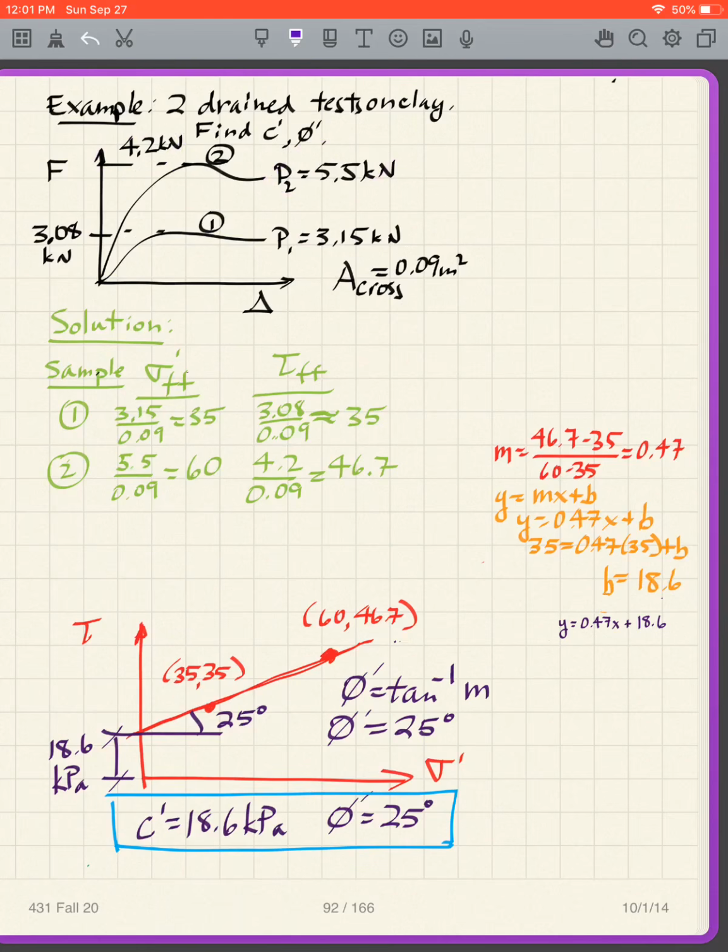So I have the 3.15 here, I have the 3.08 here. Divide both of them by the cross-sectional area. And then I have the 5.5 there, I have the 4.2 there. And I get both my sigma prime and my taus.